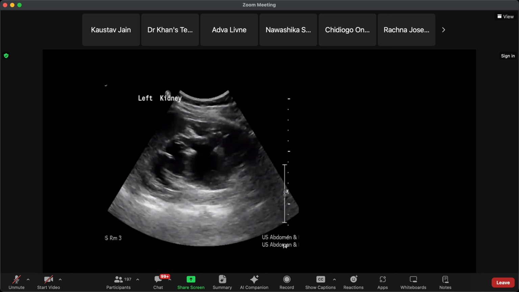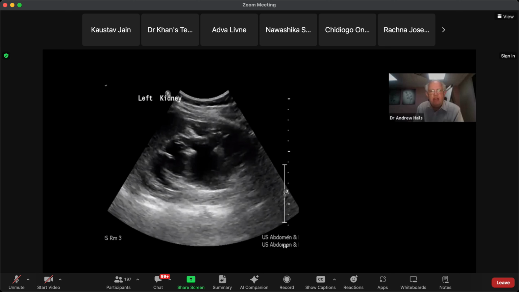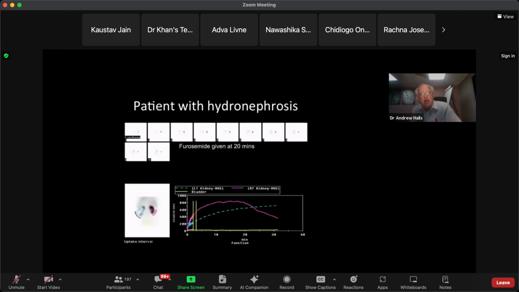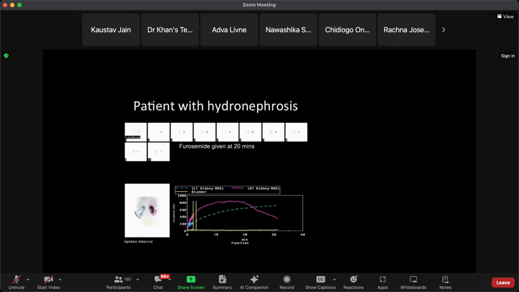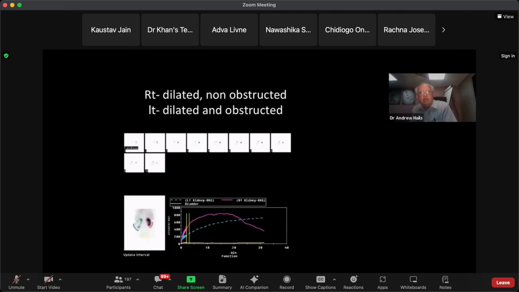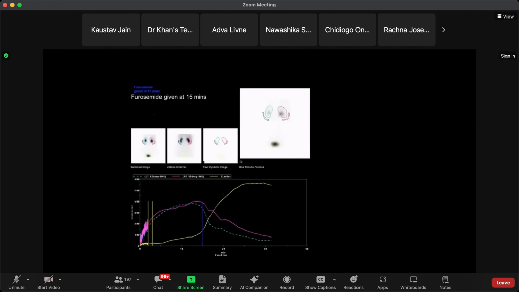And there we have the left kidney, which was the one that had the poor perfusion and was obstructed. So the right one was dilated and non-obstructed, the left one was dilated and obstructed.